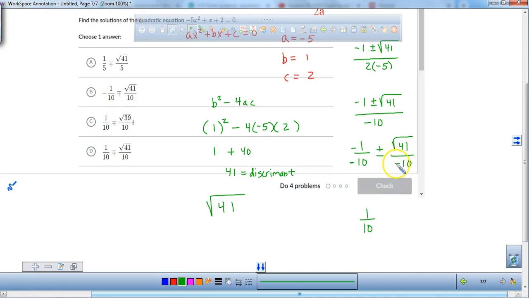It really doesn't matter. This negative will cancel out that negative and make it positive, and that negative times that positive will keep it negative. So we can just literally leave it as plus or minus the square root of 41 over 10, because it's not going to matter. It just keeps that the same.